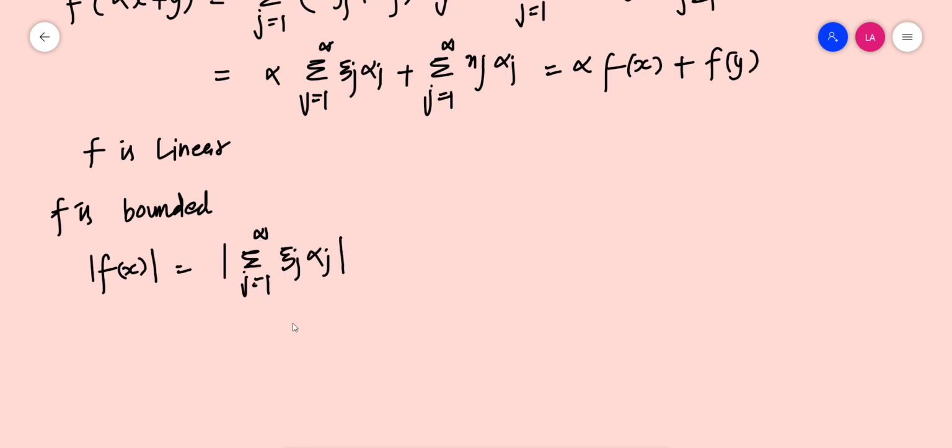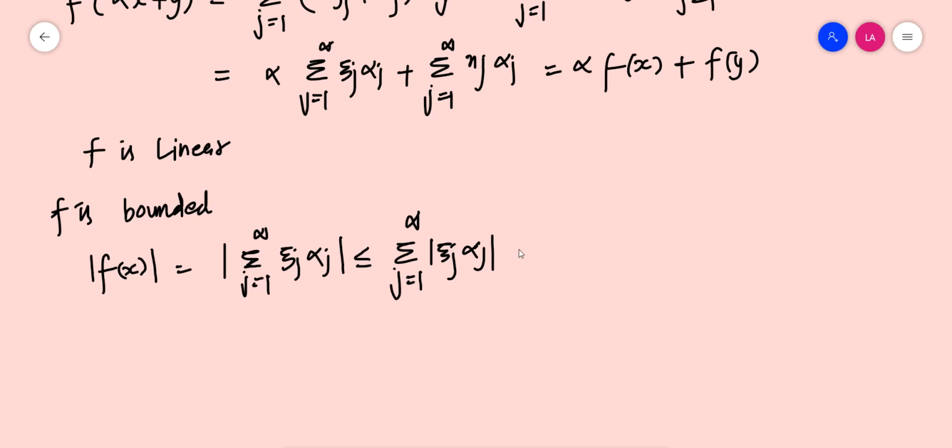First, the modulus can be taken inside the summation, so this is less than or equal to summation j is equal to 1 to infinity modulus of theta j alpha j. This is using the triangle inequality on infinite sums. Then apply the Cauchy-Schwarz inequality.